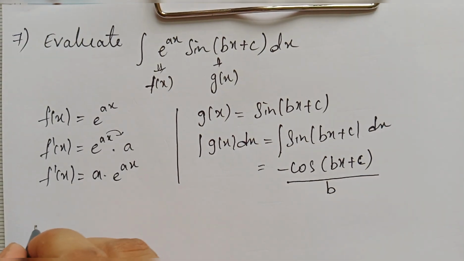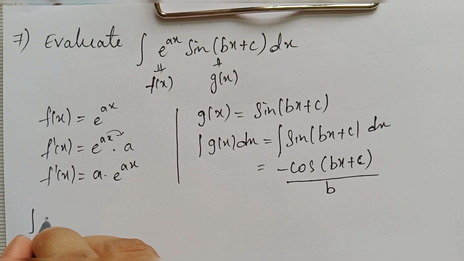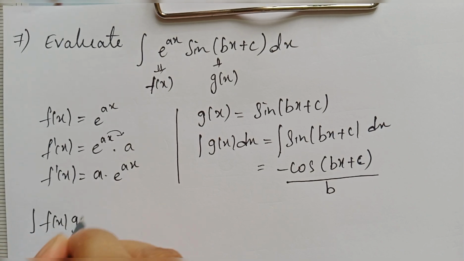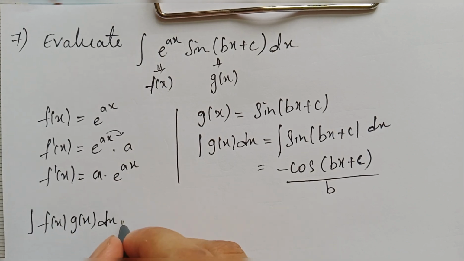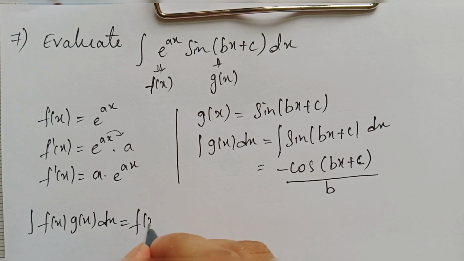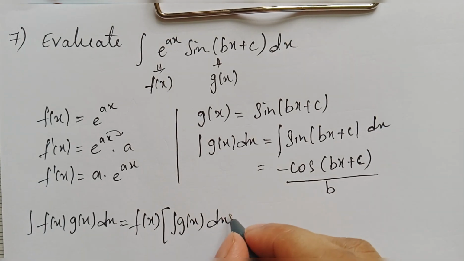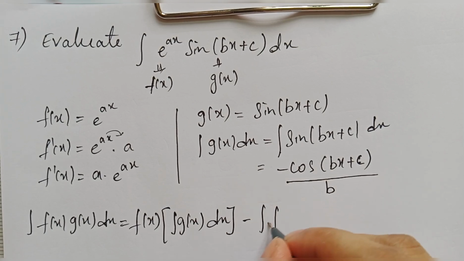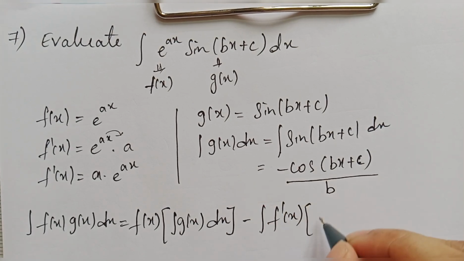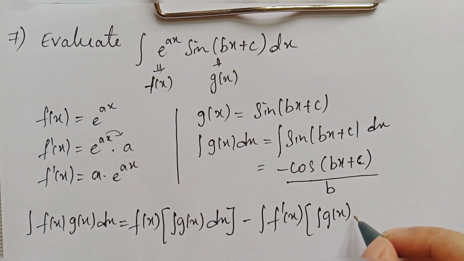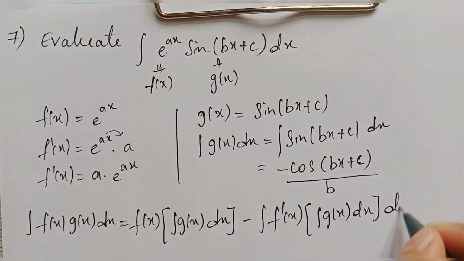We know the formula of integration by parts: the integral of f(x) g(x) dx is equal to f(x) into the integral of g(x) dx, minus the integral of f'(x) into the integral of g(x) dx, whole dx.